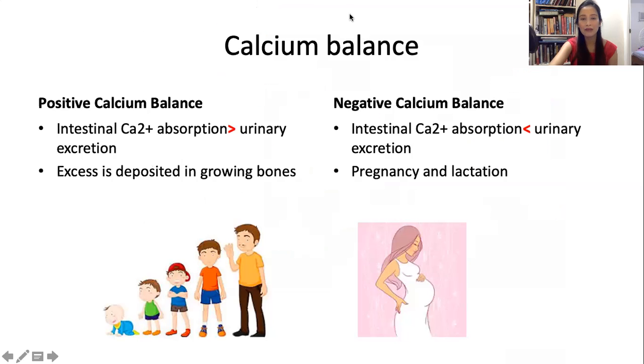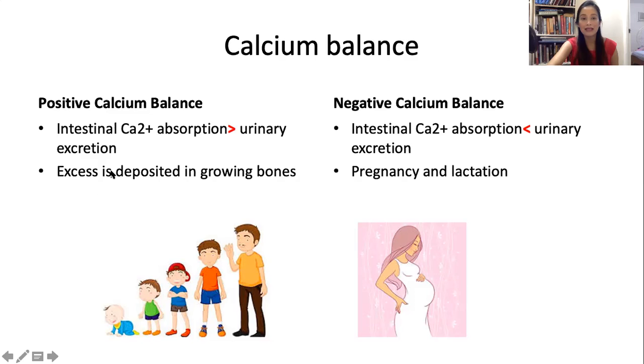So your calcium balance can either be positive or negative. What are the normal physiologic states that manifest positive calcium balance? In positive calcium balance, your intestinal calcium absorption is greater than urinary excretion. This is the physiologic state where you need to store more calcium than excreted.